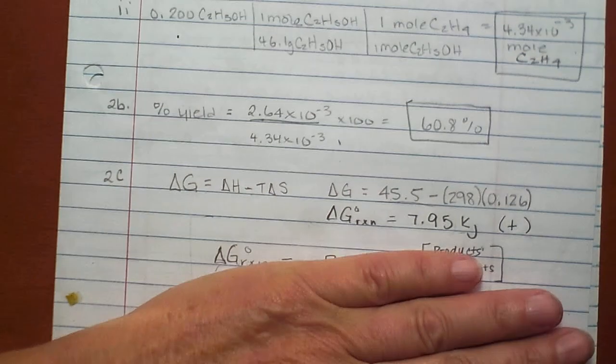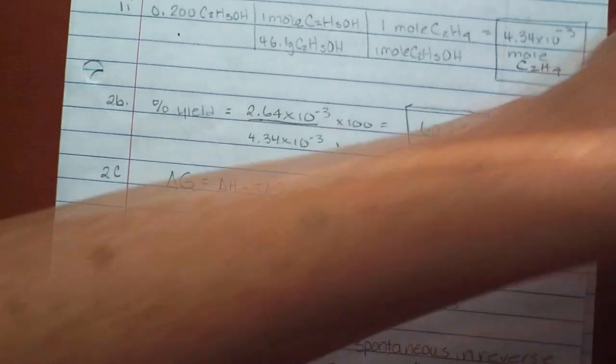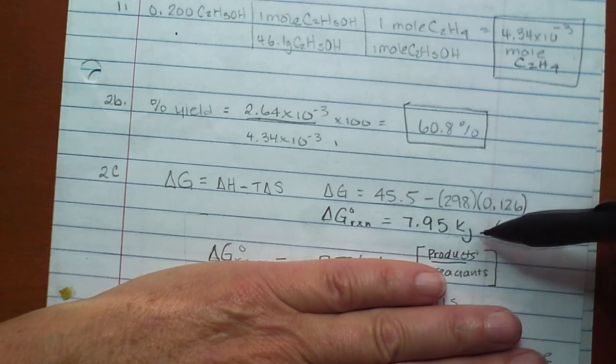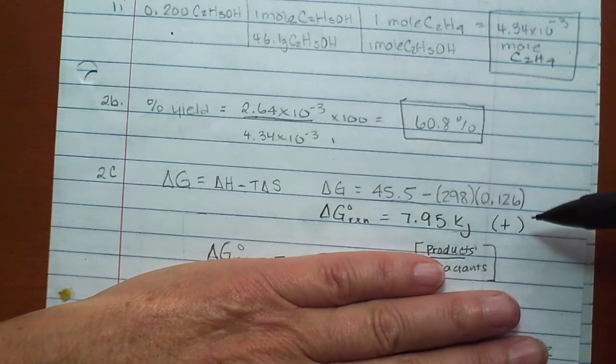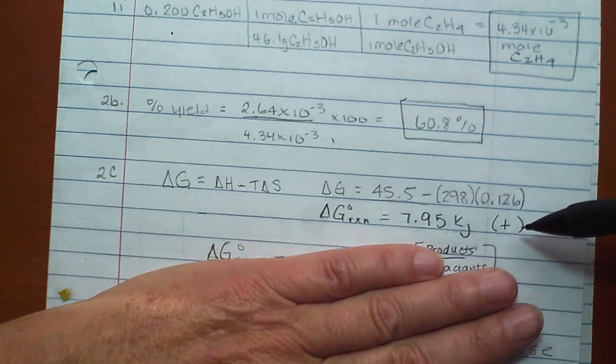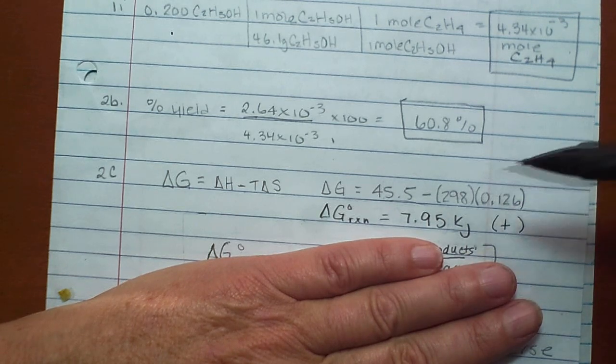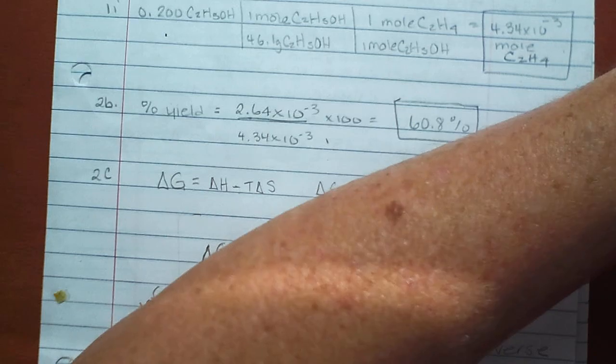If you didn't know anything at all, you could calculate your delta G using those 3 things, and you could come up with positive 795. You could stop there and say delta G is positive, and so therefore it's a non-spontaneous reaction. That would actually get you 1 point out of this problem, but that's not the whole answer.